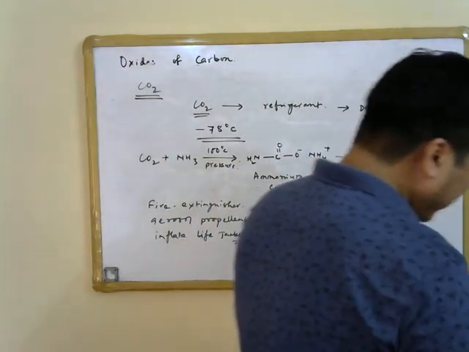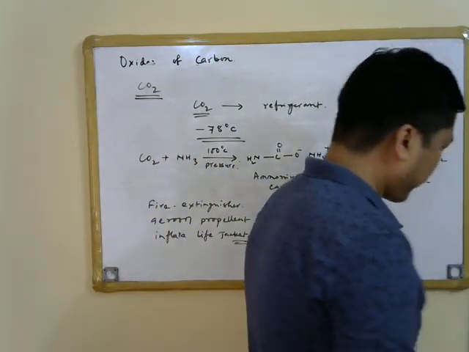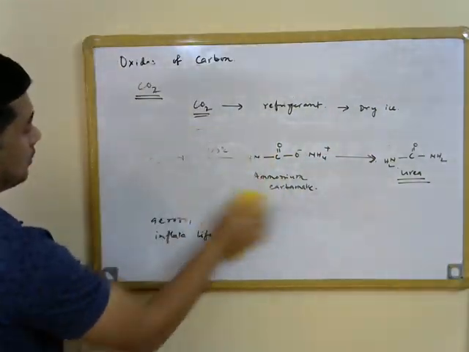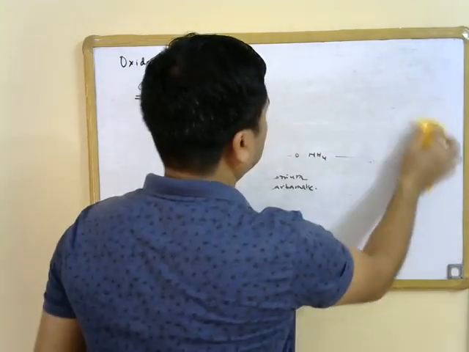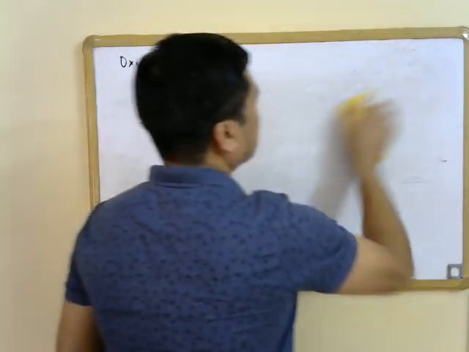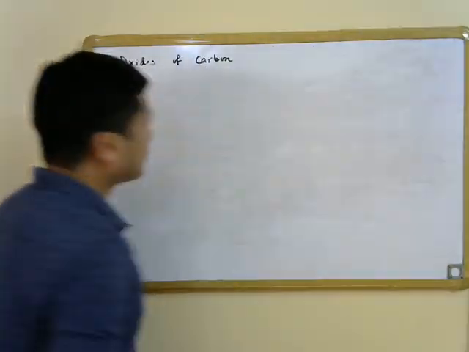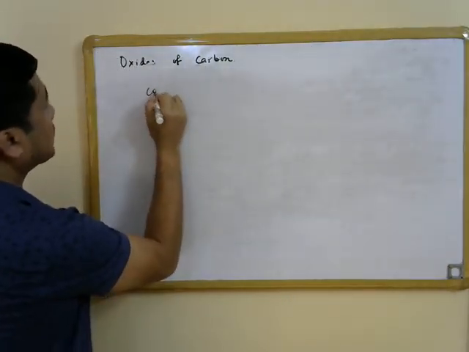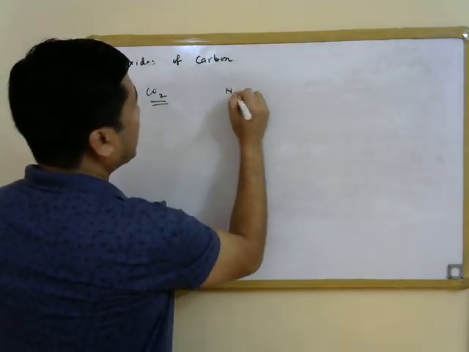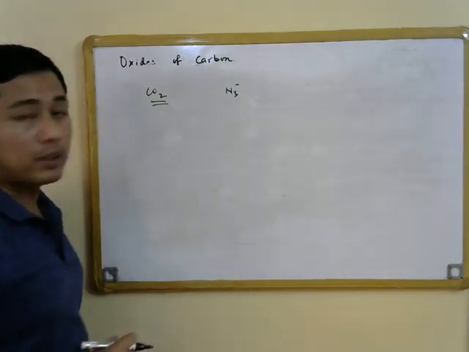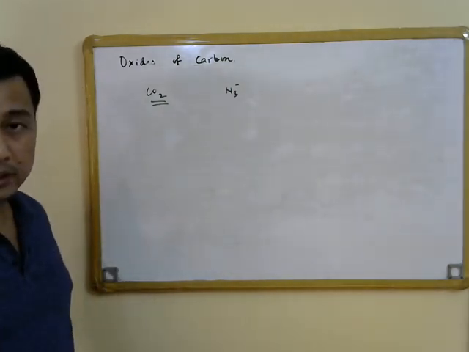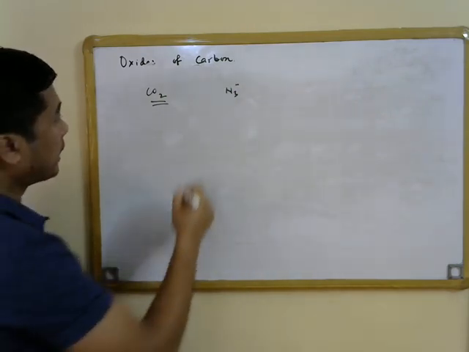Now if we look at the structure of carbon dioxide, or if we count the number of valence electrons in carbon dioxide, we will find again that the number of electrons is exactly equal to the number of electrons in azide ion, and the structure of carbon dioxide is again linear.